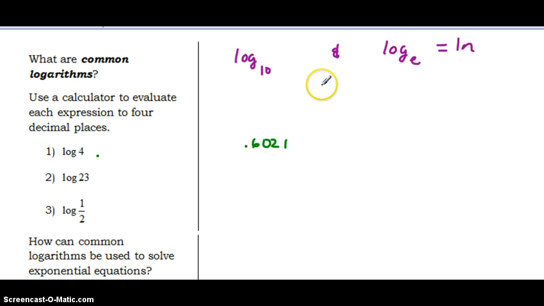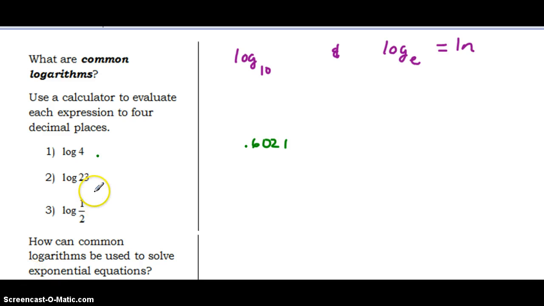They were established a long time ago to be used as our common logarithms, and we'll be learning more about why that was so. The first thing I want you to try is to evaluate the log base 10, in particular log 4. You need to plug into your calculator log 4 and see if you can get 0.6021. Go ahead and try that and bring it back.